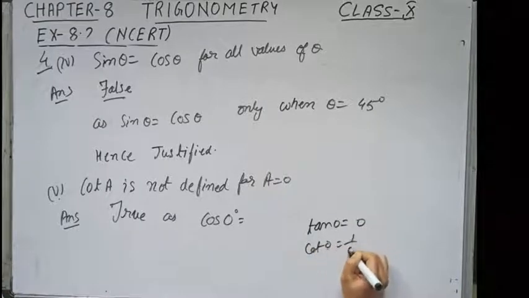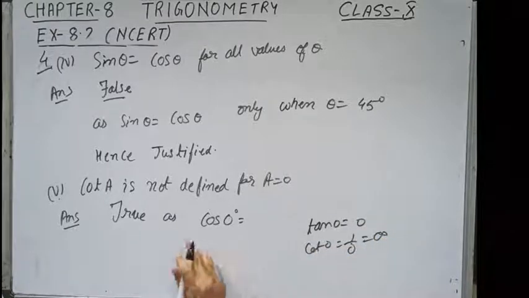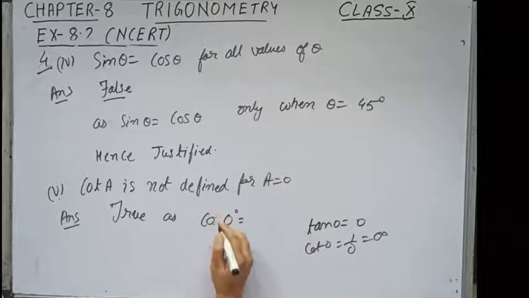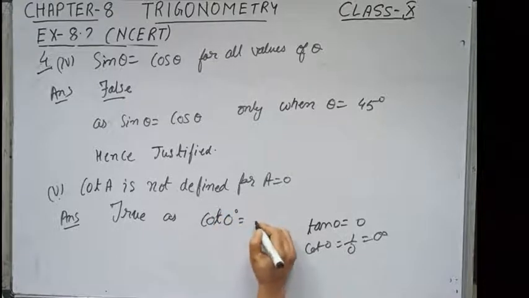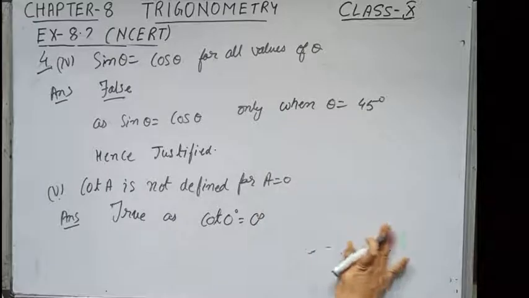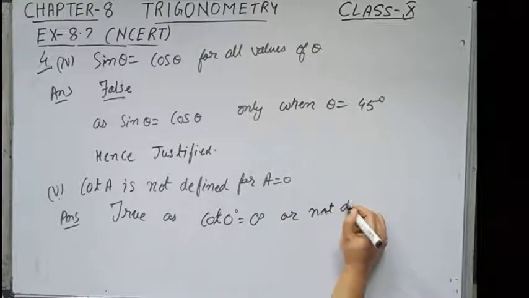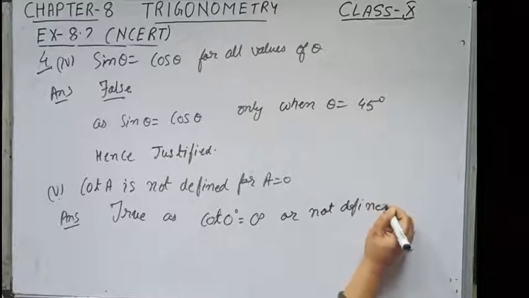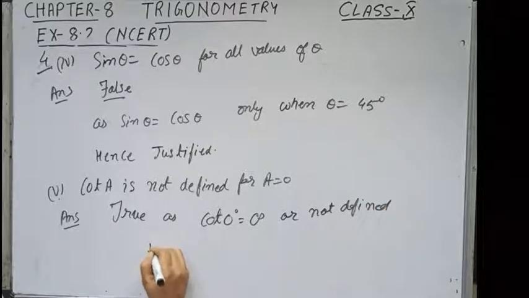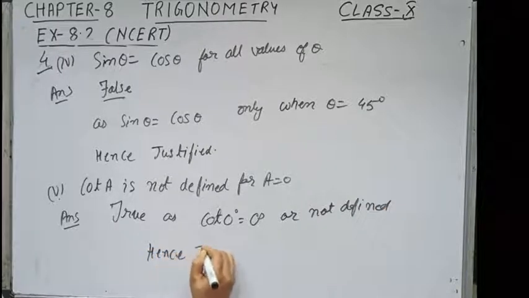Therefore cot 0 will be 1 by 0, that is infinite. So cot 0 is equal to infinite or not defined, and hence it is justified. So 8.2 is complete children.